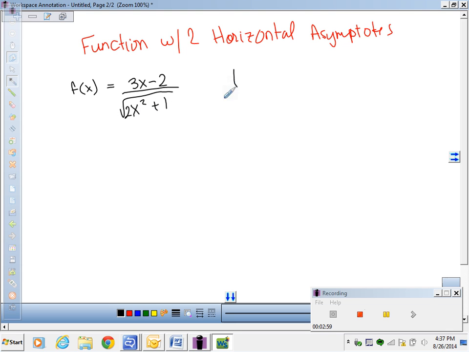If I wanted to find the limit of 3x minus 2 over the square root of 2x squared plus 1 as x approaches infinity, I can graph it, or I can look at it algebraically.